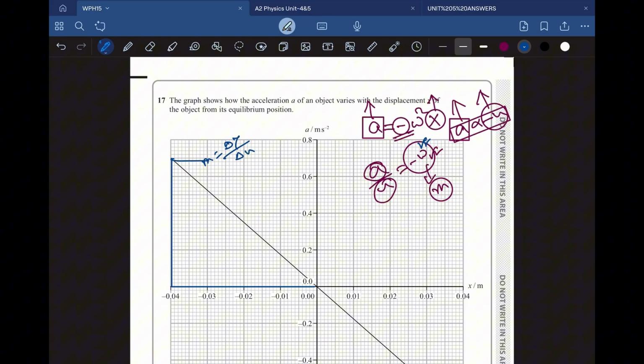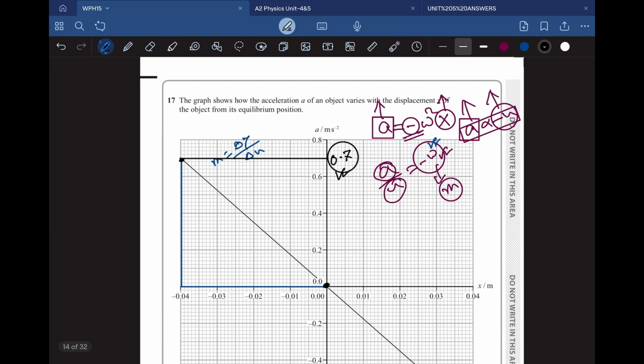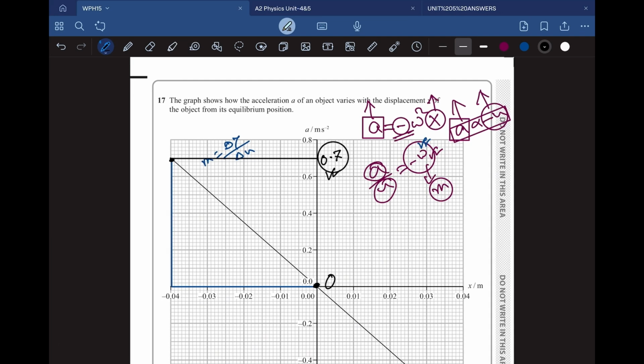So this point is 0.7, and this particular point is 0, and this is another point of the graph. So del y is going to be 0.7 minus 0. Let's take this as y2 and this one as y1.